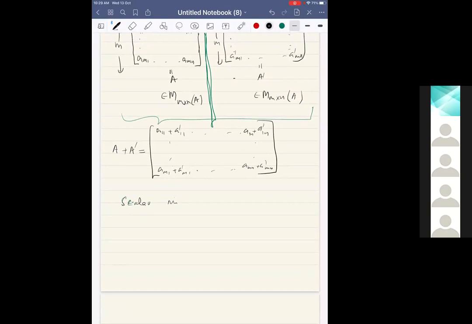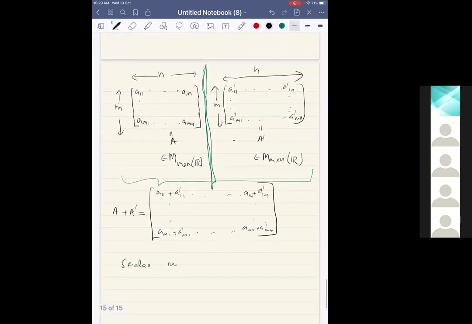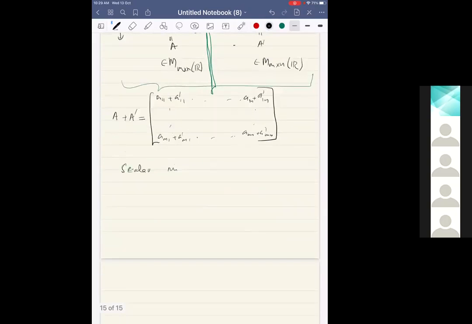Each individual matrix A belongs to the set of m cross n matrices, not R. Sorry. Thank you. Thanks very much. So this will also belong to it.